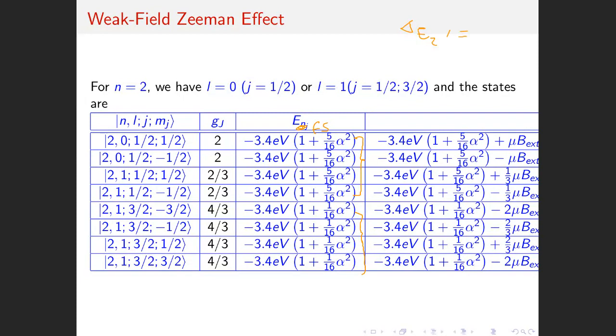This one will be given by g_j, where this g_j, the Landé g-factor, is given by 1 plus something with J plus 1. You can compute them. These are just the numbers that you get. Put them into that formula, with the external mu B. And then for every value of m_j, you will get a different thing.